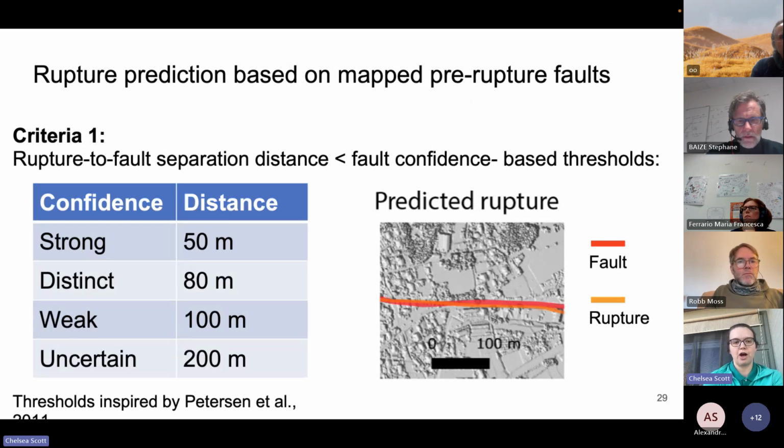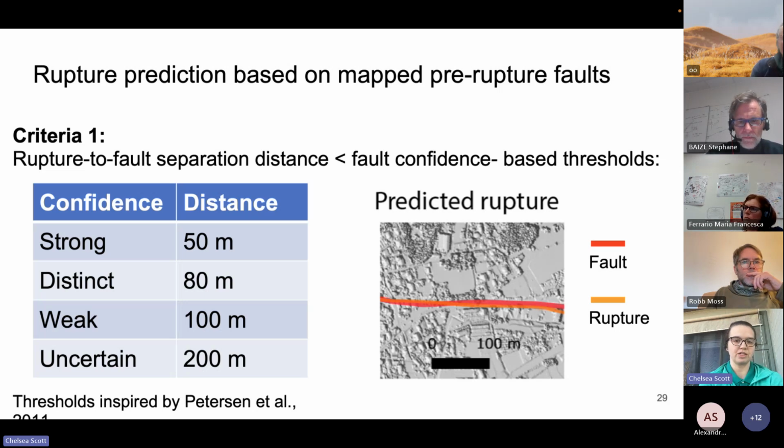So first, we looked at how the mapped pre-rupture faults predicted the location of the subsequent ruptures. In particular, we had two criteria, and the first one is shown here. This is that the rupture to fault separation distance is less than fault confidence-based distance thresholds, and those thresholds are shown there.